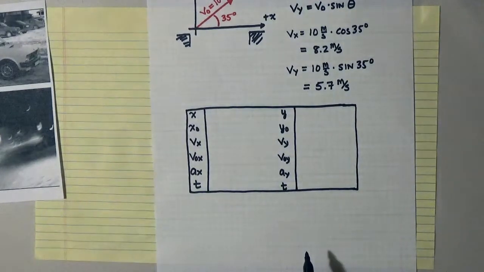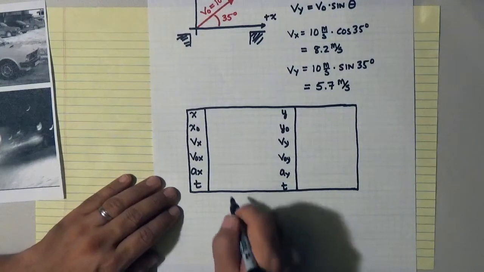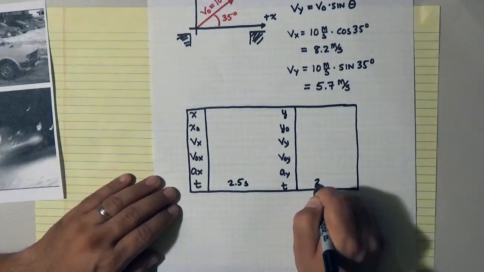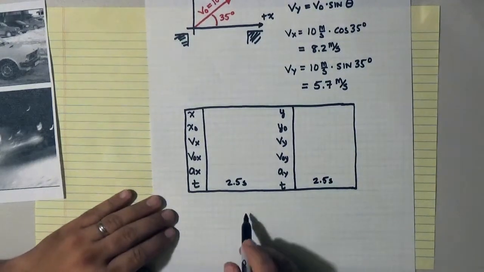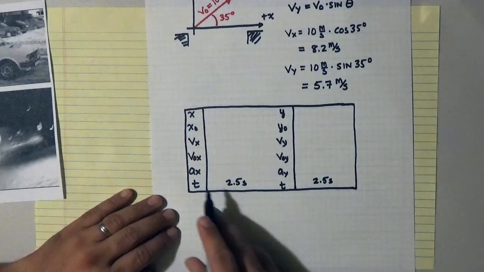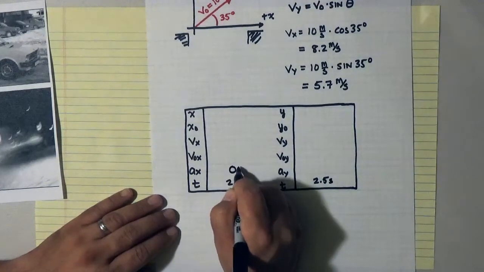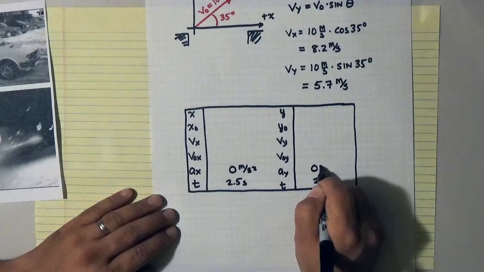So let's fill in this table. The time that we're asked to evaluate the problem over is 2.5 seconds. That time is the same for both the x and the y motion. The acceleration in this problem is 0. We are traveling at constant speed, so in both the x direction and the y direction, the speed is constant, and so the acceleration is 0 meters per second per second.